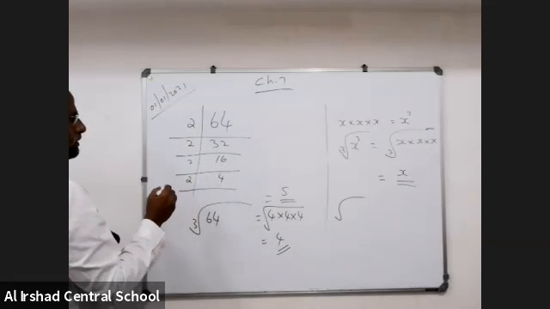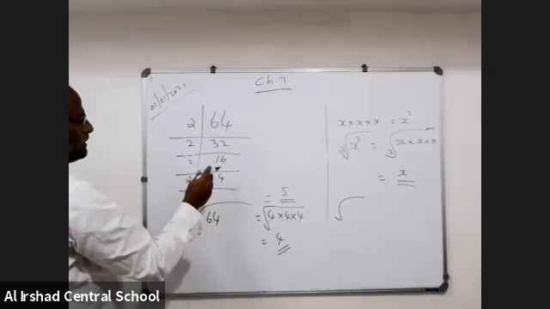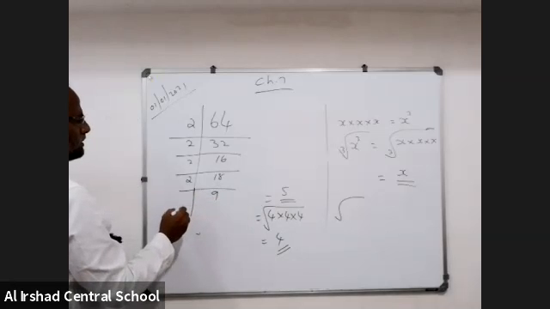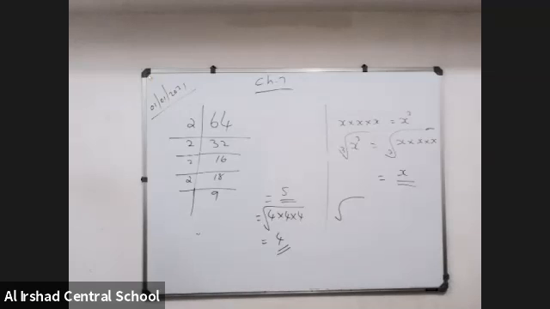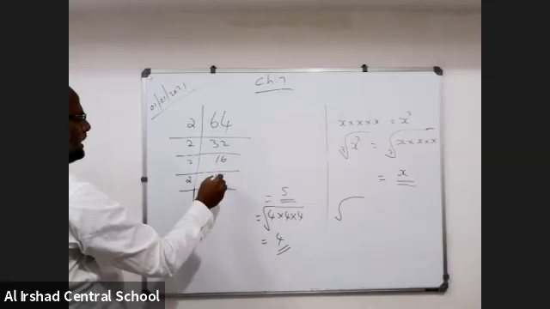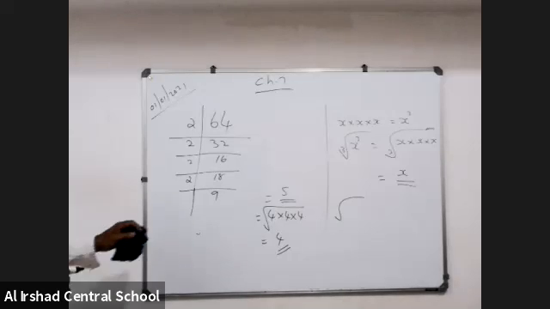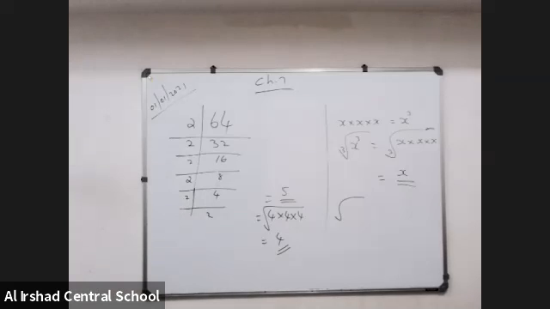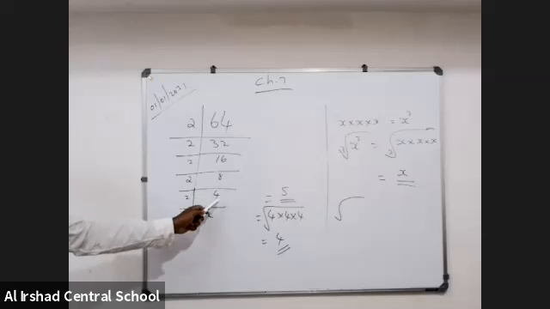Half of 64 is 32. Half of 32 is 16. 8, 4, 2.